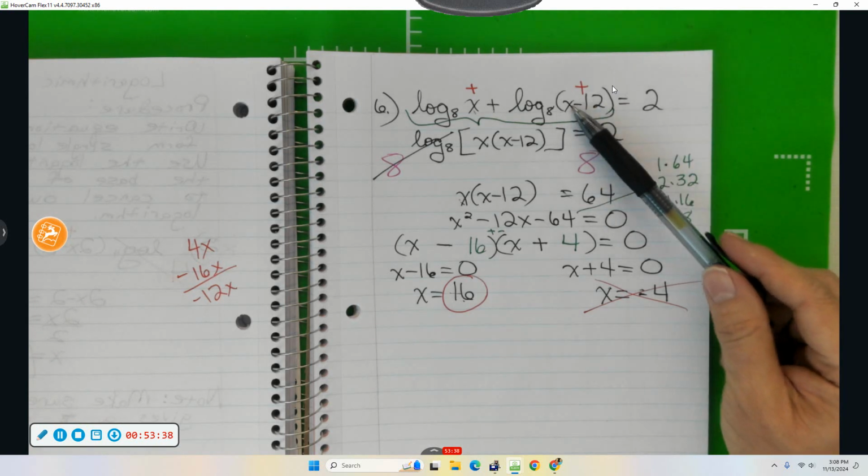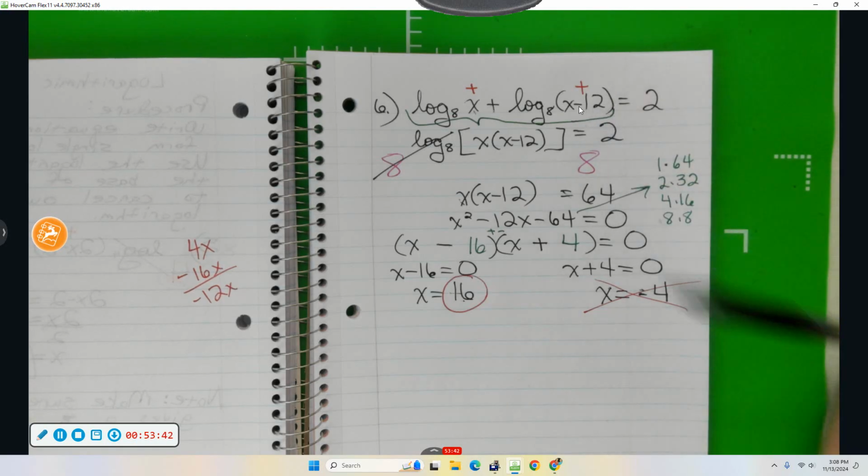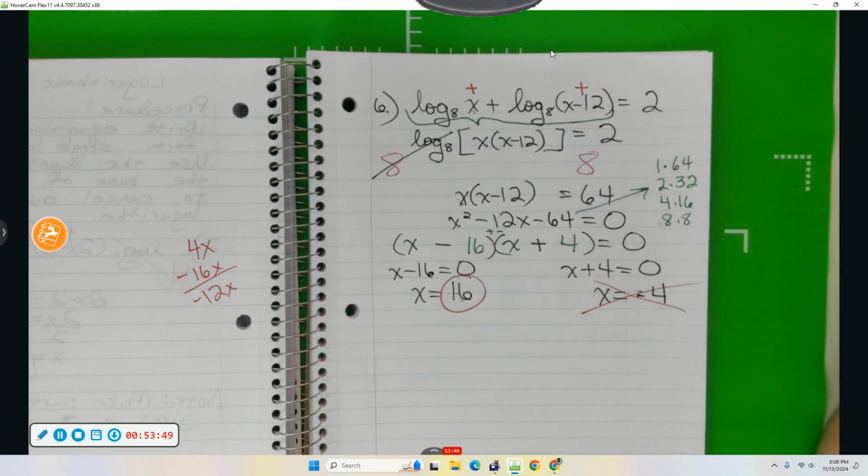No. Or 5 minus 12. Suppose we'd gotten x equals 5. Would 5 be circled or would we mark it out? 5 minus 12, is that positive? What if we've gotten x equals 11? 11 minus 12? Is that positive? So sometimes you may have to cross out a positive answer.